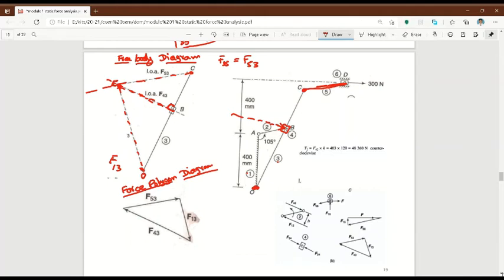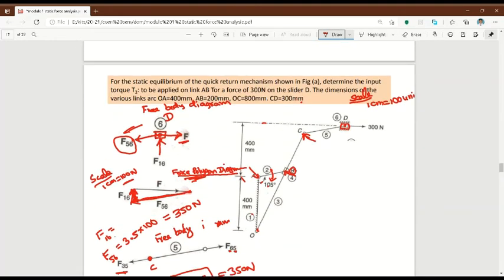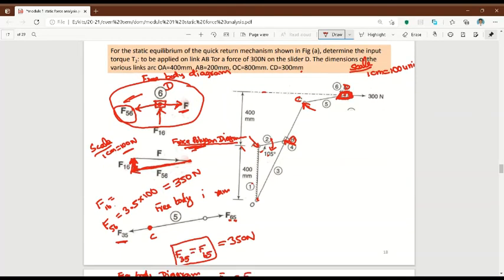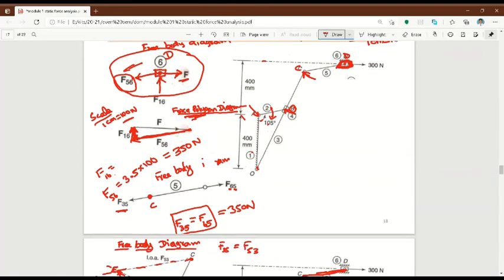So I am repeating again. First we took the piston and finished the calculation. Then we took link CD and did the part here.